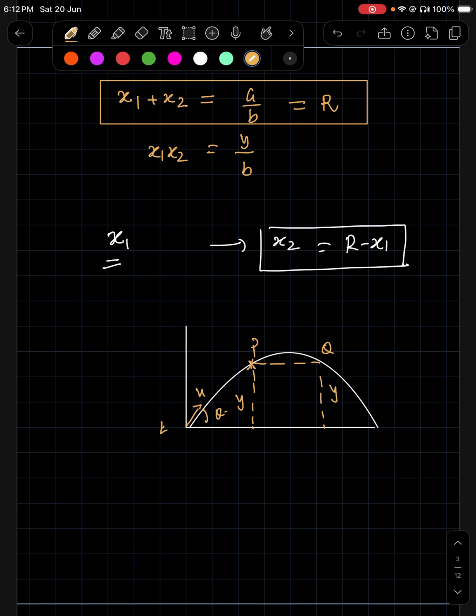The time it takes to reach P is t1, and the time to reach Q from the initial position is taken to be t2.